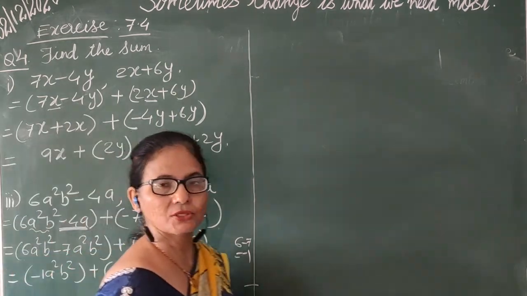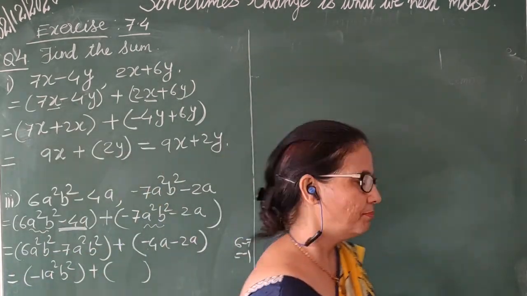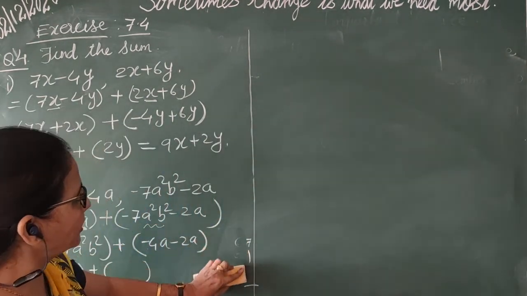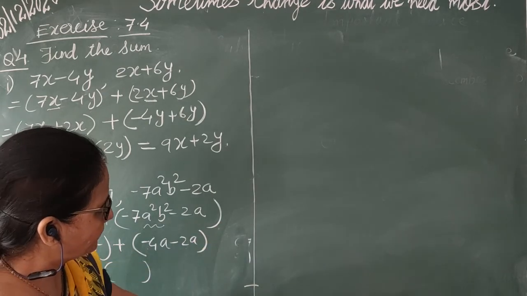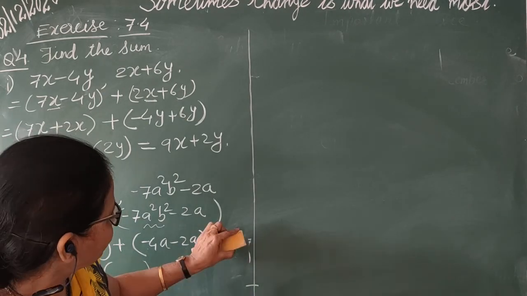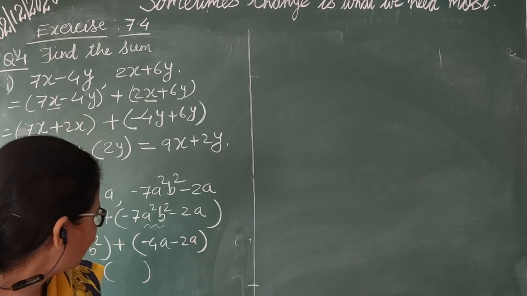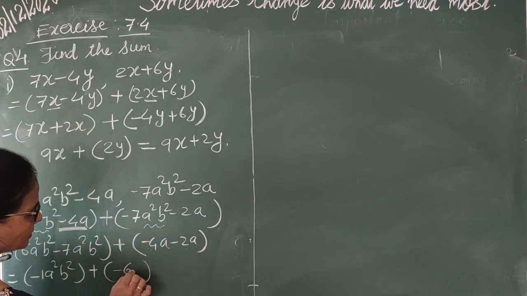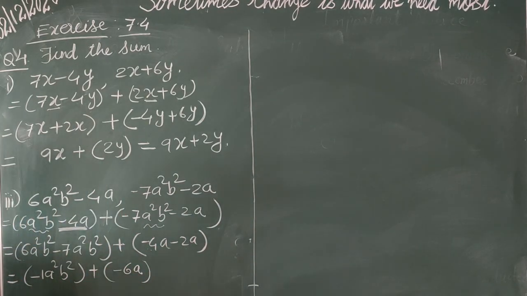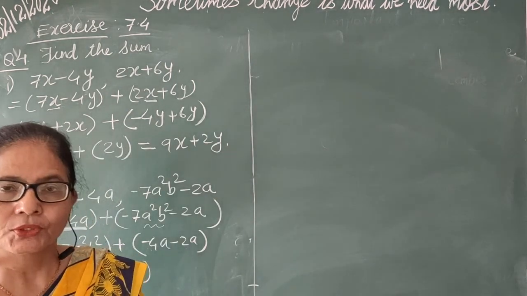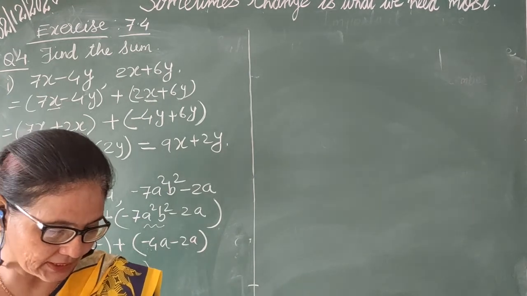You know children, minus 4 minus 2 is equal to what? Minus 6. When both are negative you have to add. So right here minus 6a. Now just remove the bracket. So it will be, you know when 1 is there, don't write it, minus a square b square minus 6a.